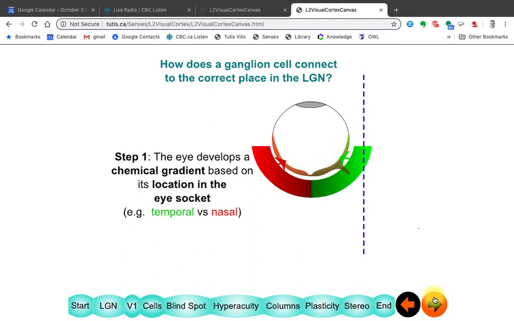And again, you have the green, which is the side that sees things out in the temporal side, and the red here sees the medial side.